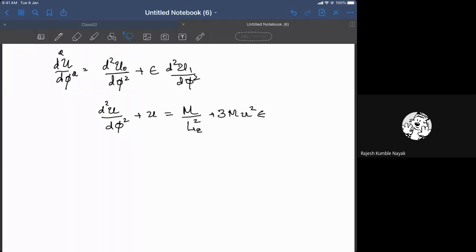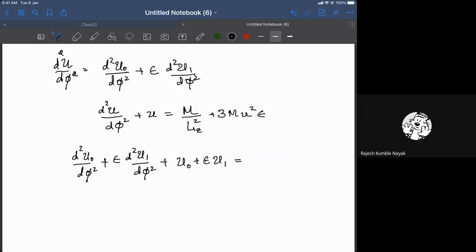So to compare the proper orders, we can rewrite this equation, after substituting above, as d square u naught by d phi square plus epsilon times d square u1 by d phi square. Then you have u itself, which is u naught plus epsilon into u1. The other term is constant here, m by Lz square, plus 3m u square, which has to be calculated.